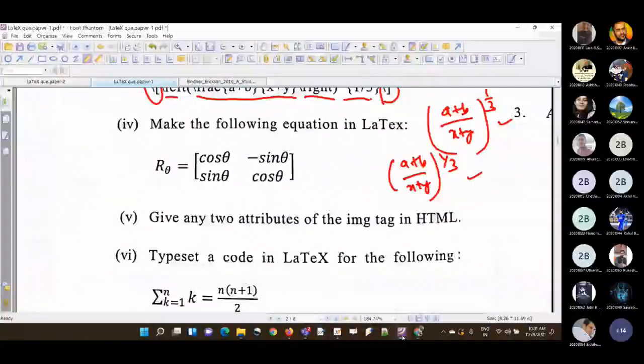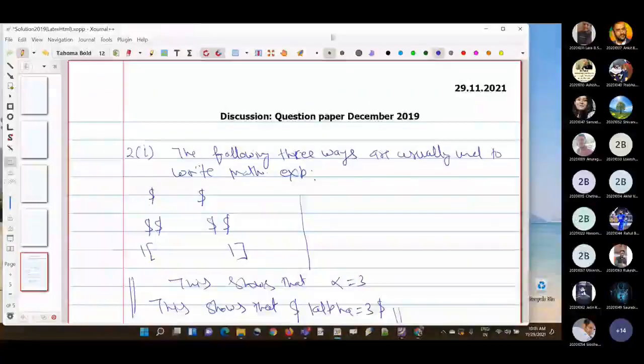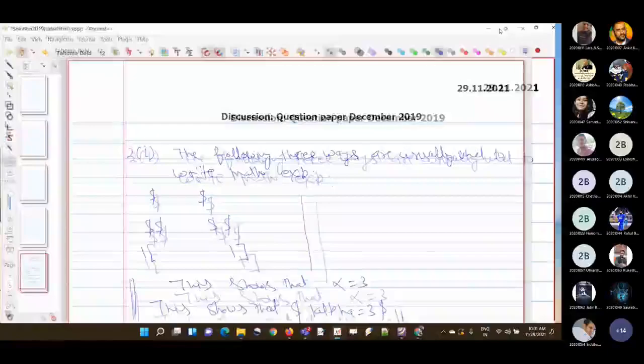Just a minute. Okay, cos theta. And then you have backslash cos backslash theta. So this is the command, but it will produce what? It will produce cos theta minus sine theta, sine theta cos theta.